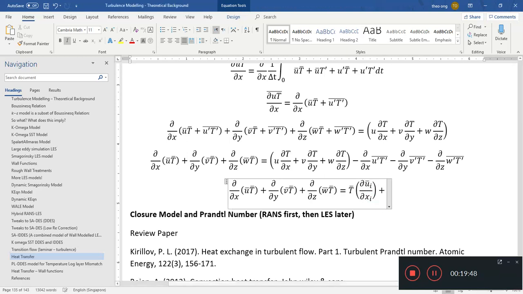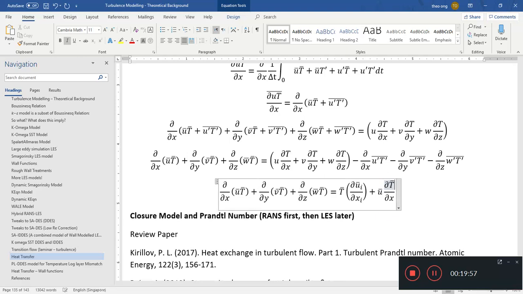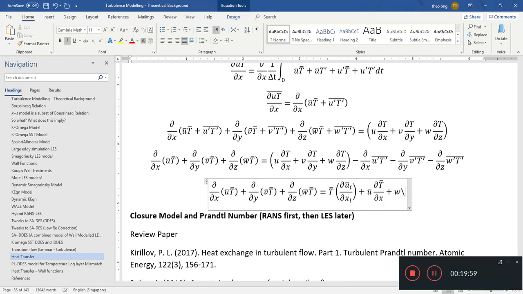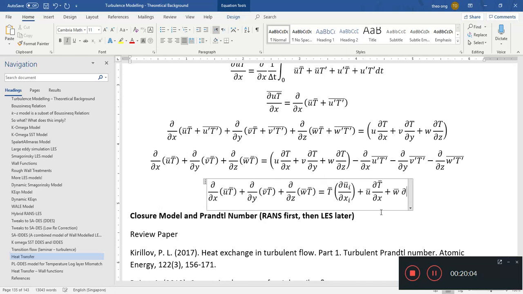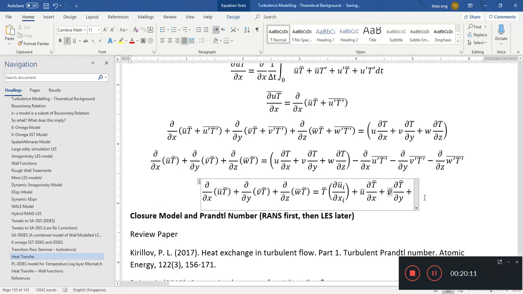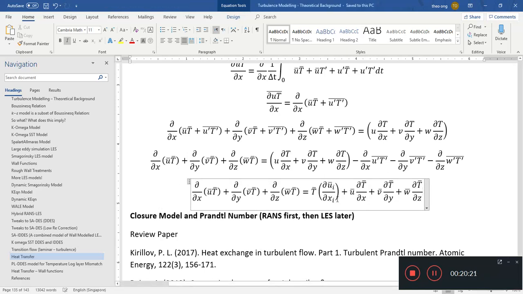Now I have plus u bar, partial t, partial x, plus v bar, partial t bar, partial y, plus, okay, this is a v, not w. w bar is the last one, partial t bar, partial z. So this is the RANS formulation.